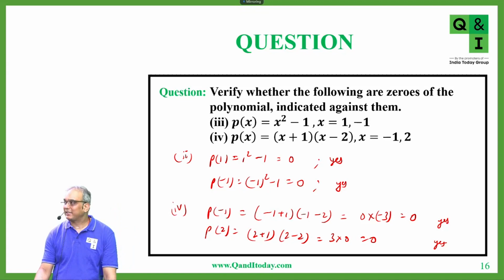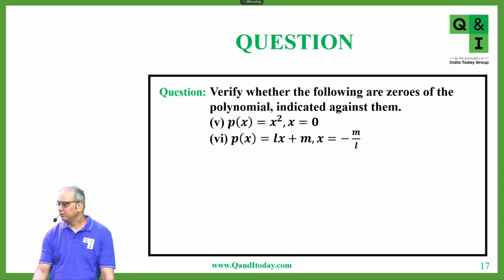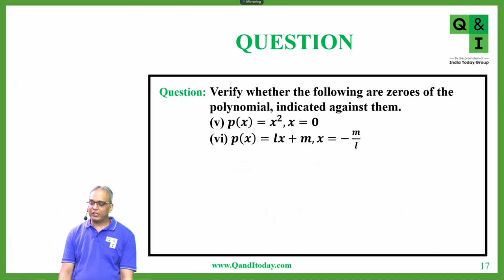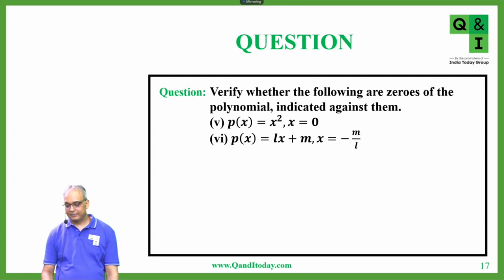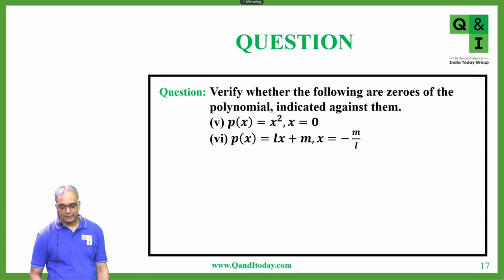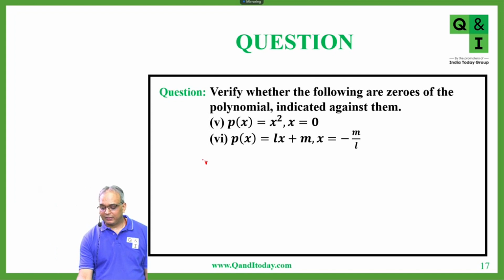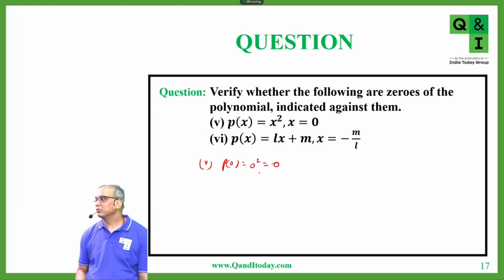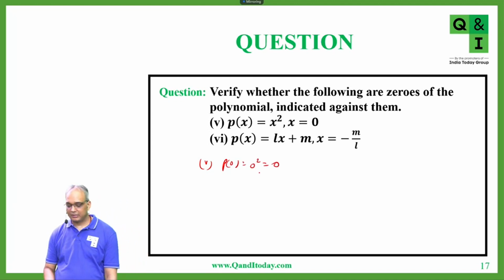Let's go to the next one now. Verify whether the following are zeros of the polynomial indicated against them. So fifth one, we know that P of 0 is equal to 0 square, which is 0. So yes, it is a 0 of the polynomial.